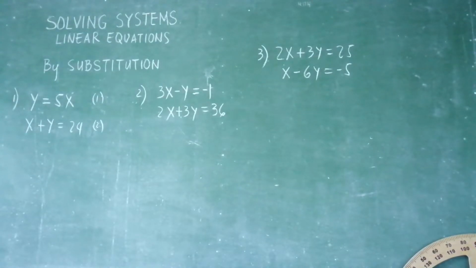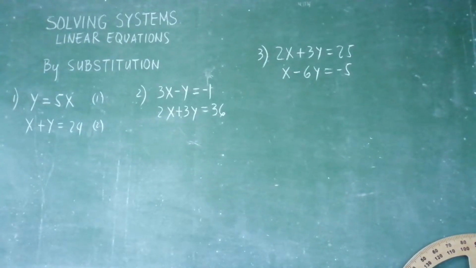Solve one equation for one of the variables, let's say x and y. You may choose x or y depending upon the given equations. Substitute this expression in the other equation and solve for the other variable.